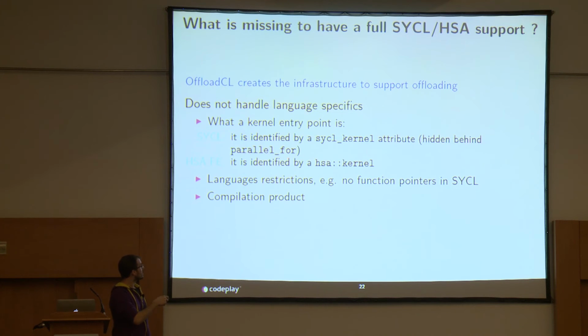HSA is fine with function pointers, but SYCL is not, so we need to add some checks that we don't use any function pointers inside a SYCL kernel. Also, all the compilation products are specific. For SYCL we are compiling down to SPIR, and for the C++ front end for HSA, we're compiling down to HSAIL. So those are two different things.